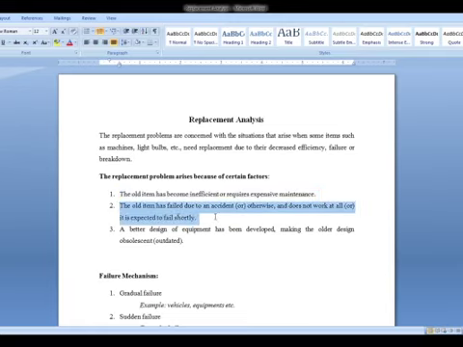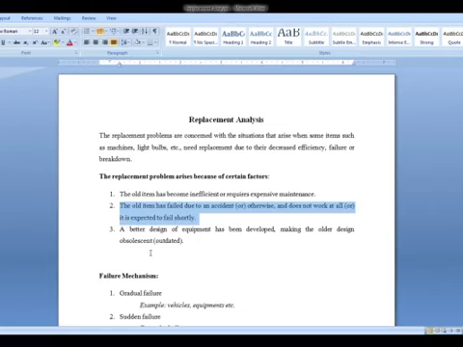The second case can be the old item has failed due to an accident or otherwise does not work at all, or it is expected to fail shortly. For example, maybe your mobile phone has fallen down in an accident, and because of which it is not working properly, or you feel that it might fail shortly.